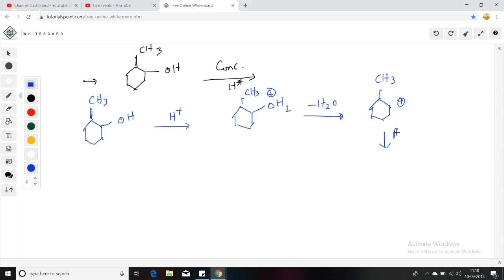So rearrangement takes place first: rearrangement of carbocation. This 2-degree carbocation converts into a 3-degree carbocation, with CH3 and the positive charge here, by a 1,2-hydride shift.